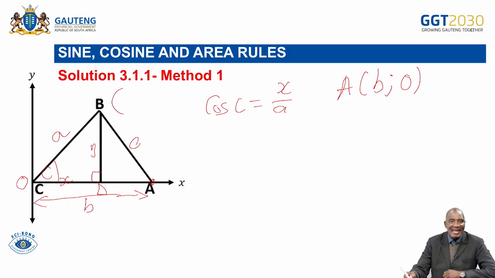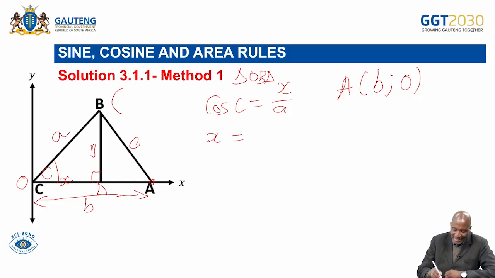My adjacent is X, my hypotenuse is A, using triangle OBD. In triangle OBD, cos of C is X divided by A. A is the hypotenuse side, X is the adjacent side to angle C. Then we cross multiply, we solve for X, we get X equals A cos C.